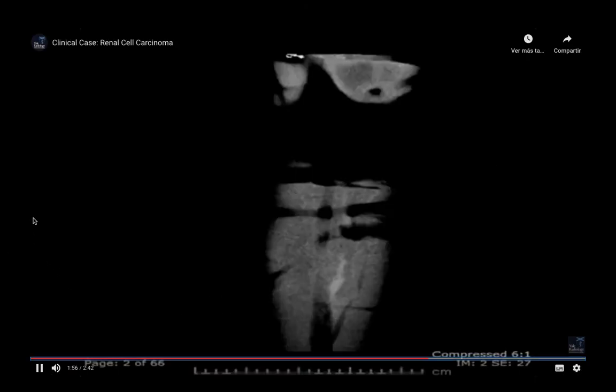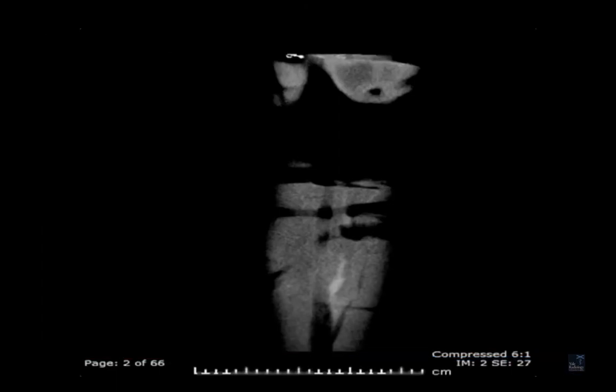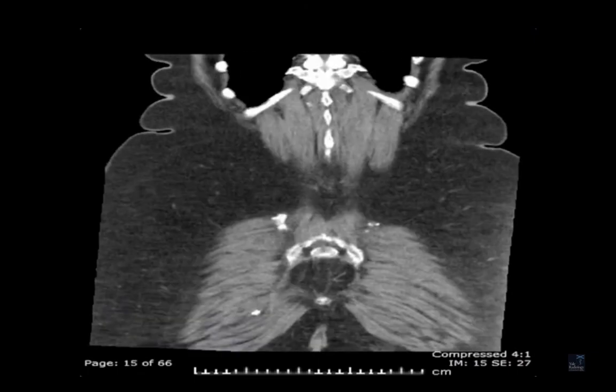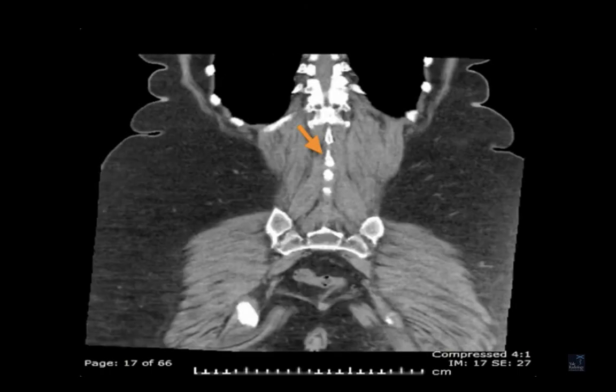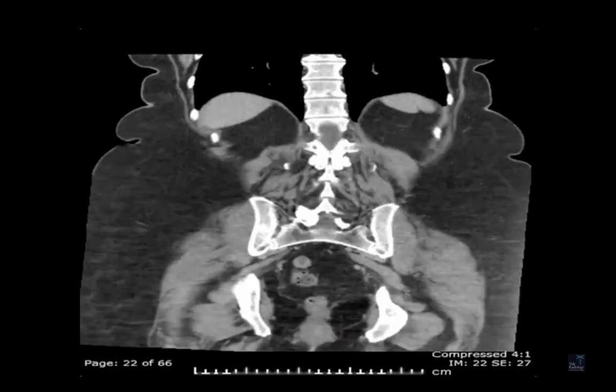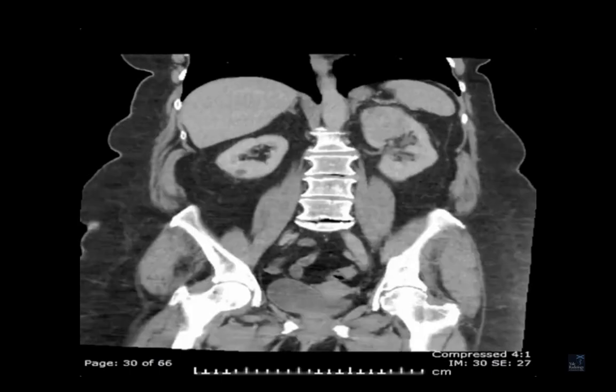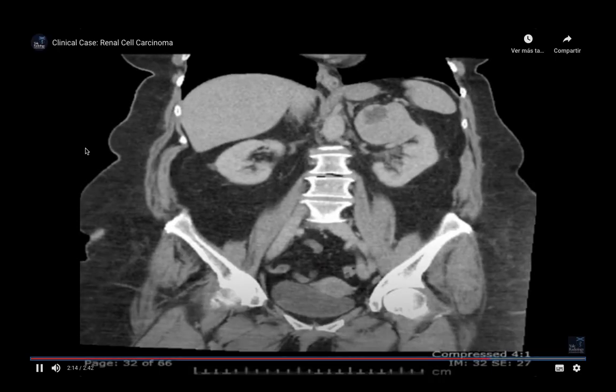This is a coronal CT scan of the same case. We're going to be scrolling from posteriorly to anteriorly in this case. As we go from posterior to anterior, the posterior-most structures, we're going to start to see the spine, some of the ribs, some of the bones, and then we'll start to see the kidneys.